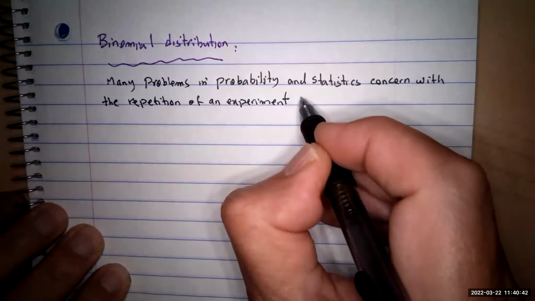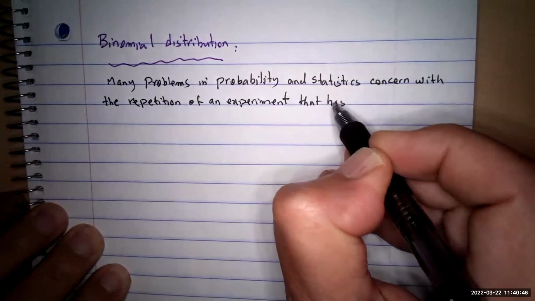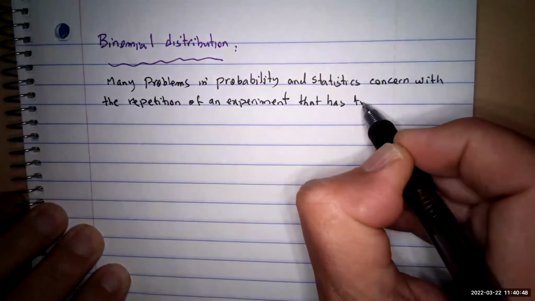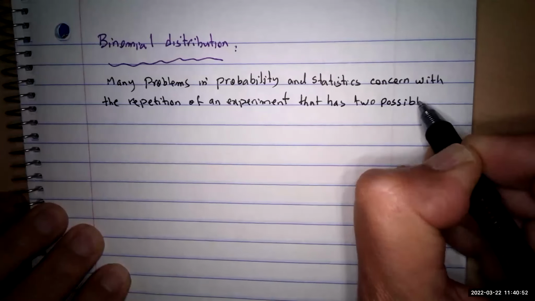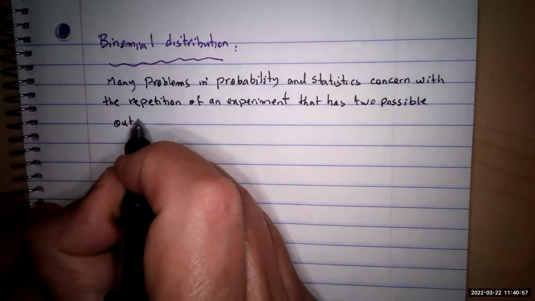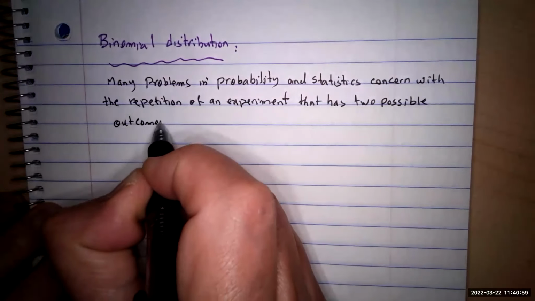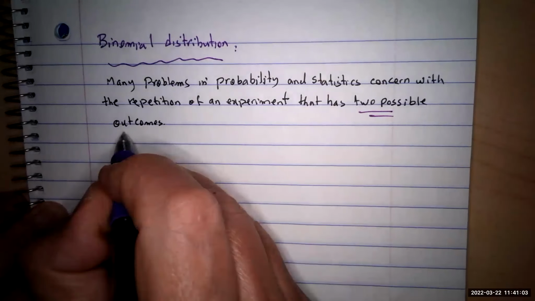An experiment that has two possible outcomes, two possible outcomes only. So this must be the key that we're going to have.